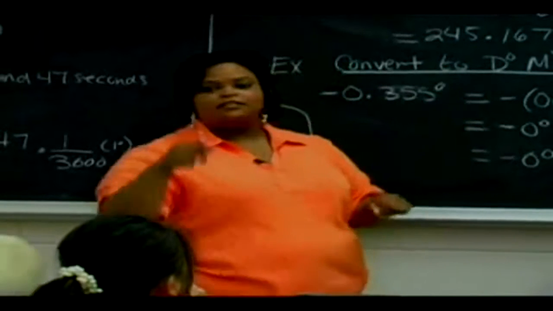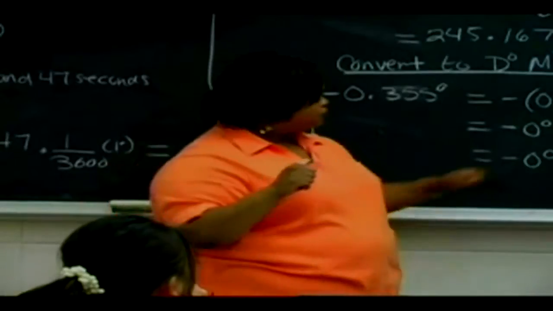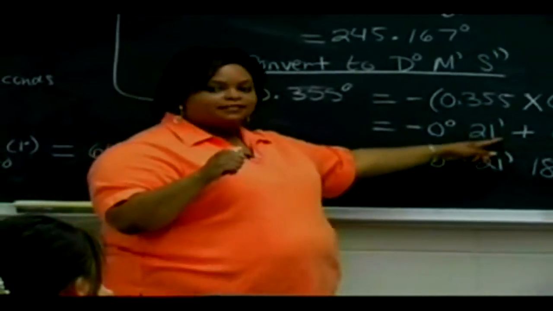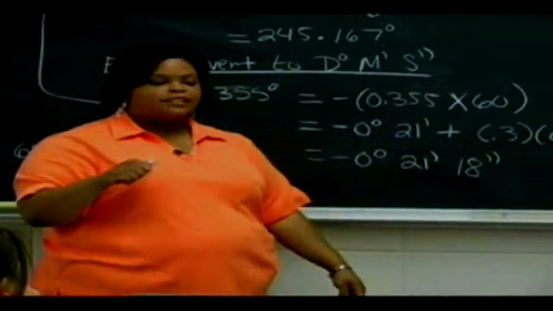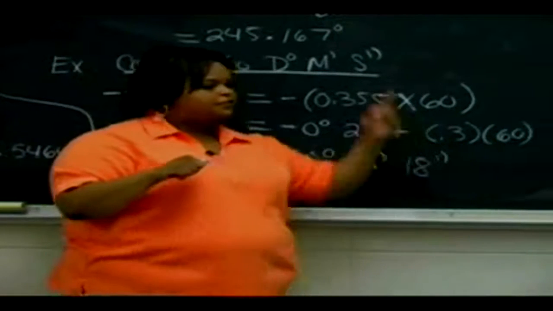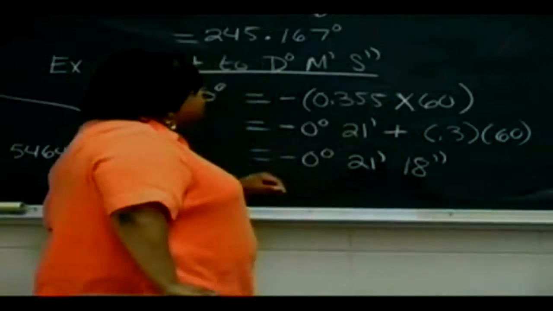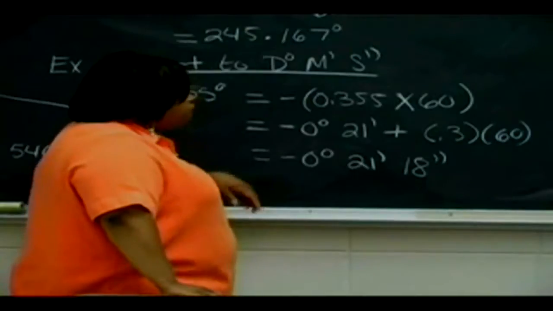The 21 was a 21.3, right, and you use the 21 as minutes. So then you use the next decimal. Then we do the 0.3 times 60. When you first multiply by 60, you have to use the same thing down the bottom.